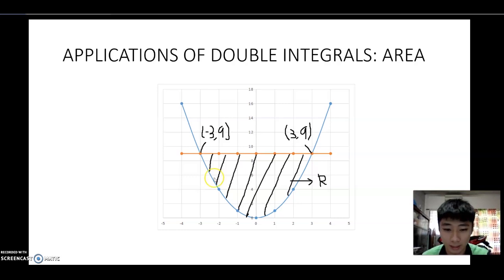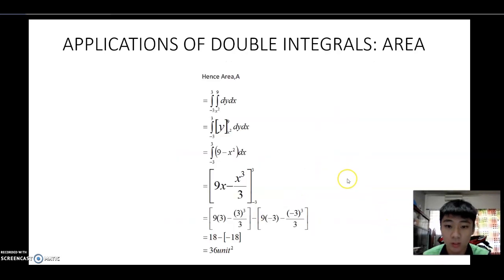From the x-axis, the upper limit for x is 3 and the lower limit for x is negative 3. From the y-axis, the upper limit for y is 9, while the lower limit for y is x squared. So we will get the function like this.